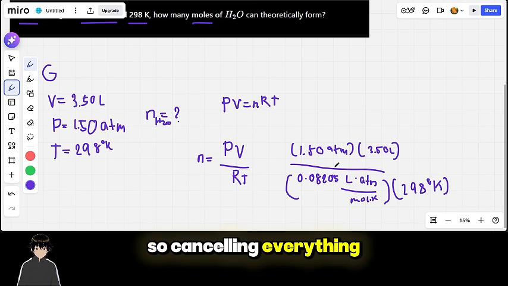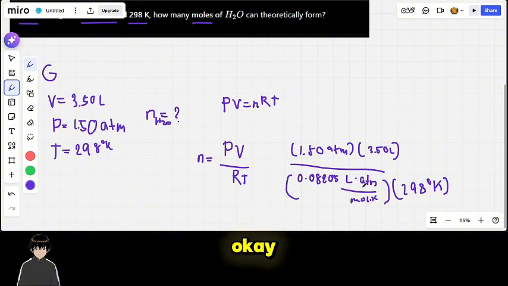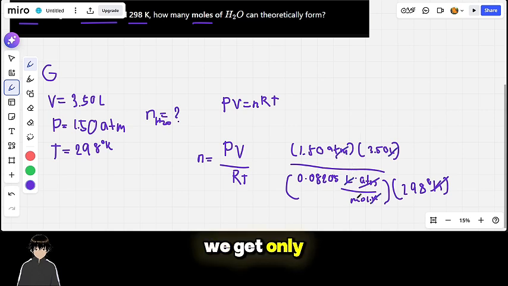So canceling everything, we get only the mole unit.